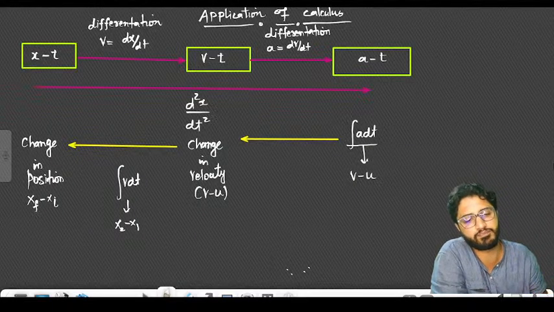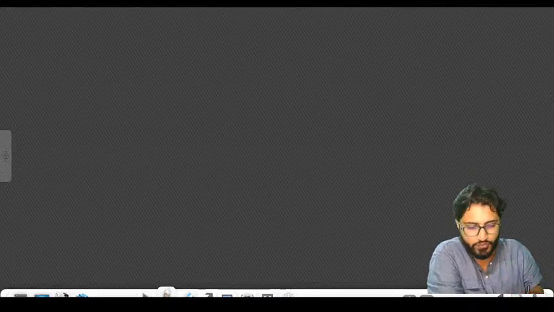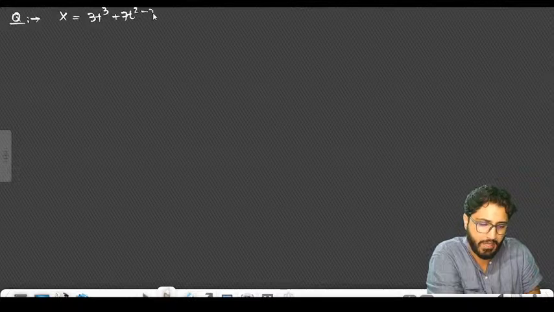Now let us do some numericals. Based on that, we will have an idea about it. Suppose we have a numerical: x is equal to 3t cube plus 7t square minus 2t plus 3, given in meters.